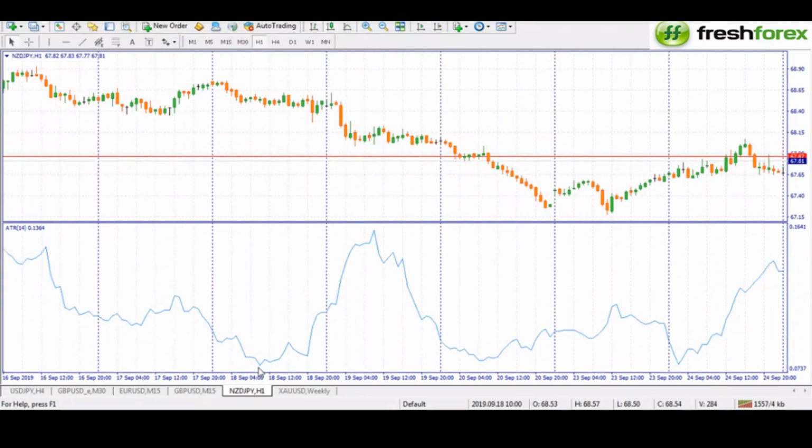Let's look at this. There's this point here, there's this move, a decline in volatility. The average true range actually decreased even further. It continued even further up to somewhere around this point here, where it began moving up massively.